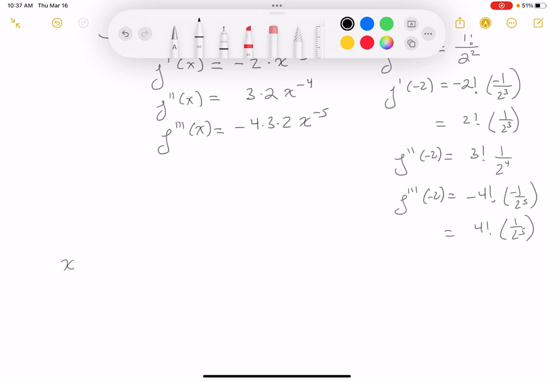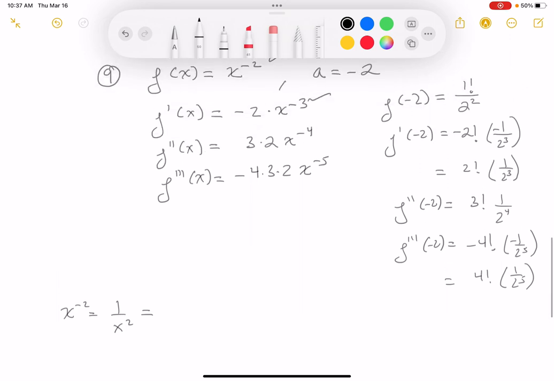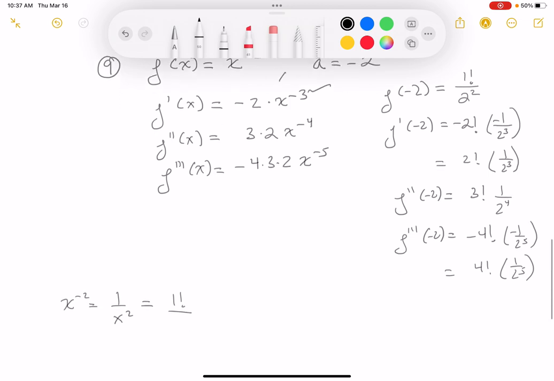So x to the minus 2, which is 1 over x squared, is going to be equal to, let's be careful about this, 1 factorial over 2 squared, times x minus a, minus 2, which is x plus 2 to the 0 power over 0 factorial.